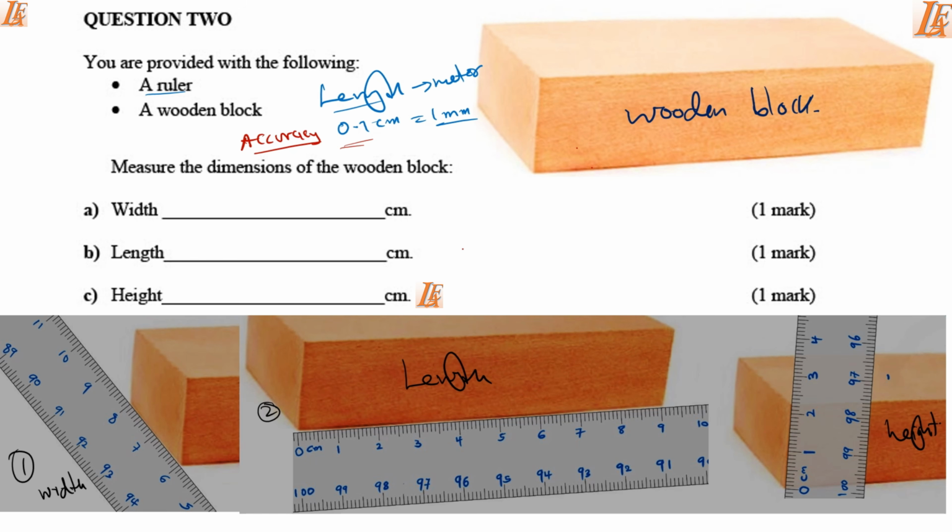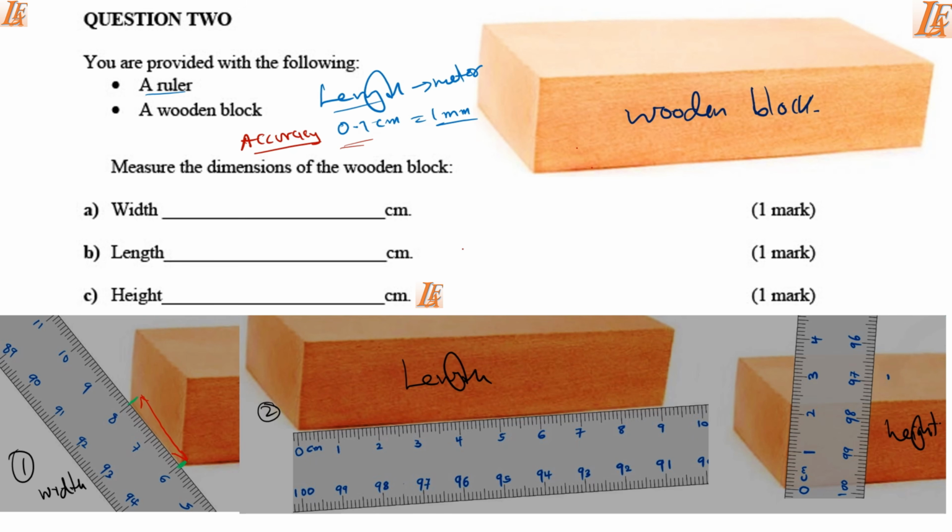So the first diagram here, where we are going to measure the width, I want us to read it. The first point is this one where I've marked green. The second point is this one here where I've also marked green. We are expected to determine this distance from here to this point.